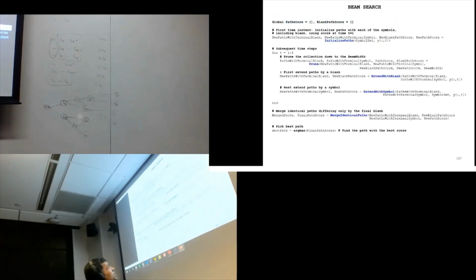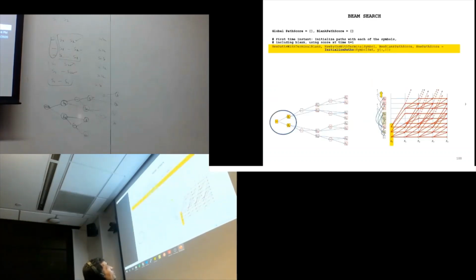And here is the entire beam search algorithm. Now, I won't actually go over this right now. Instead, let me just spend a little time going over this one step at a time. So consider the very first command over here. That is merely computing the node scores at these nodes.